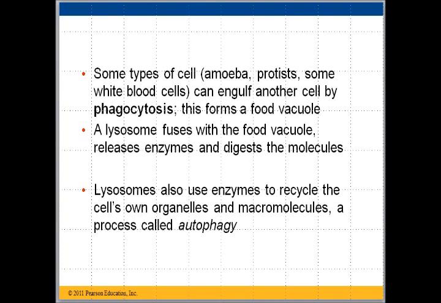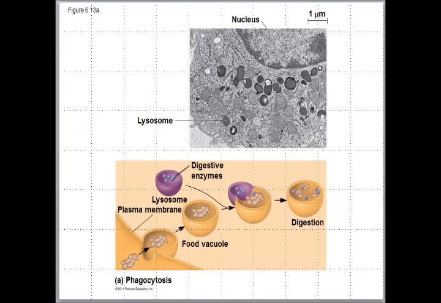There may be a vacuole surrounding that mitochondria, and the lysosome fuses with that vacuole, releases enzymes that break that organelle down and get it back to its original constituent components, and then those components can be reused again by the cell. This is called autophagy. So it's like eating oneself, but you're basically breaking down and recycling parts of the cell.